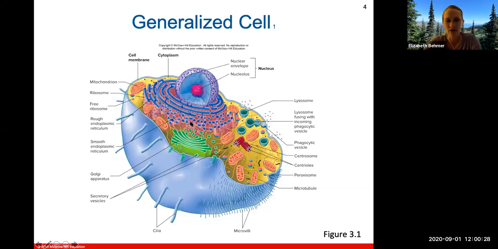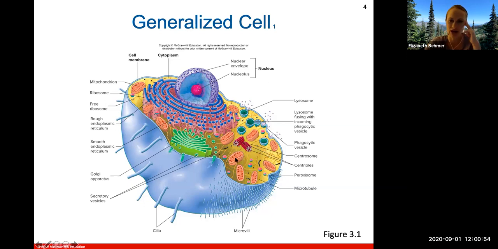You also have smooth endoplasmic reticulum, which is not shown here. Well, yeah, here it is. The smooth endoplasmic reticulum is a continuation of the rough endoplasmic reticulum, but the smooth does not have ribosomes on it. Then you have the Golgi apparatus here. Mitochondria are these kind of weird structures that look like there's another space within them.